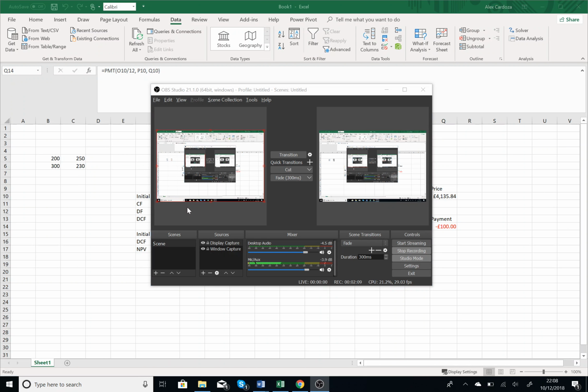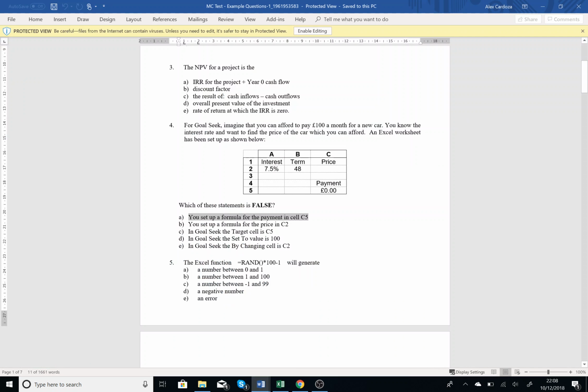Okay. So based on that, we know that therefore A is actually true, and we know that B is not true because you don't put a formula in there. In goal seek, target cell is C5, that's true.